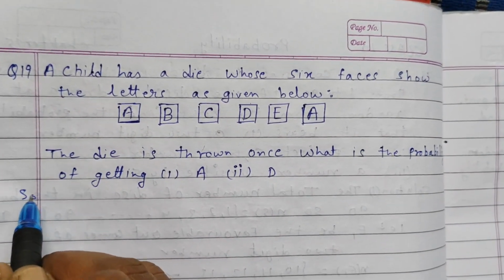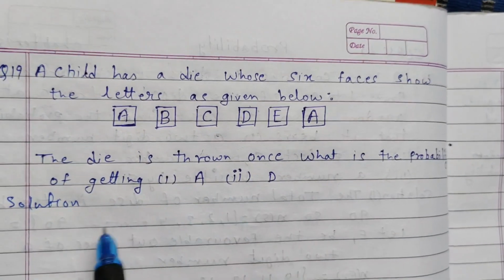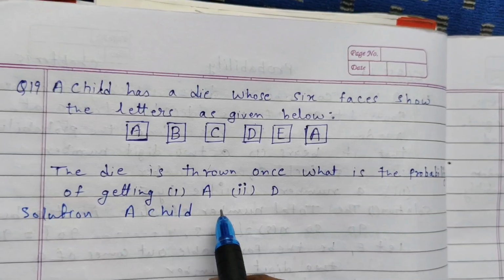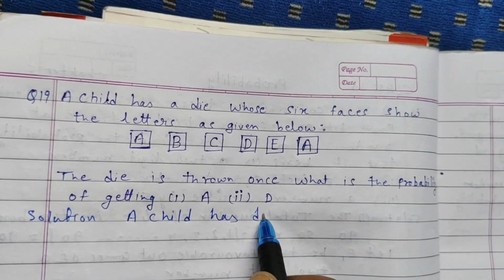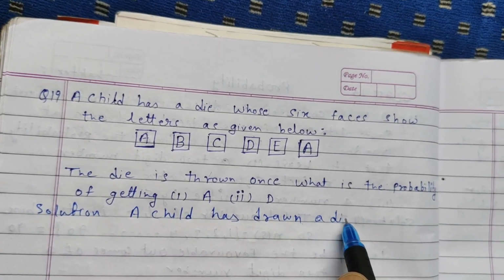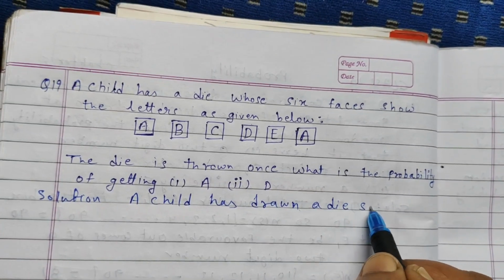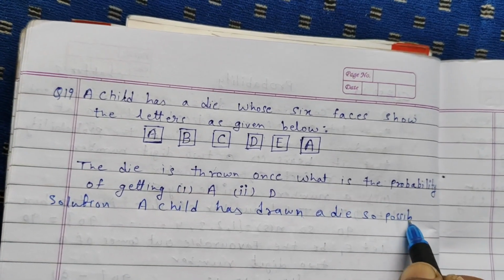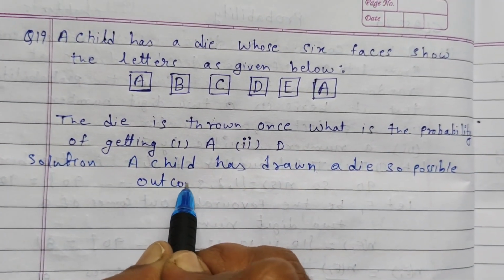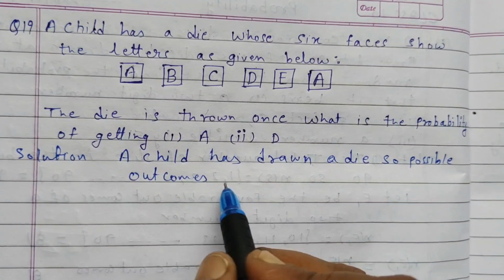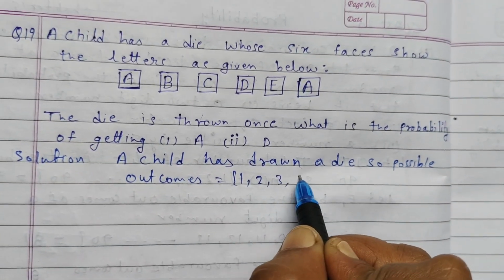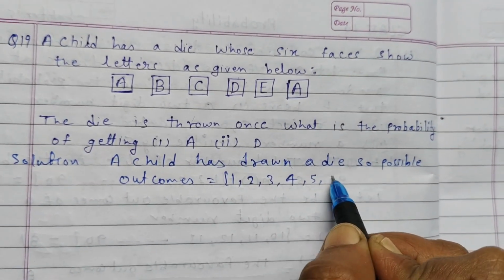Solution. Here a child has drawn a die. So the possible outcomes are 1, 2, 3, 4, 5 and 6.